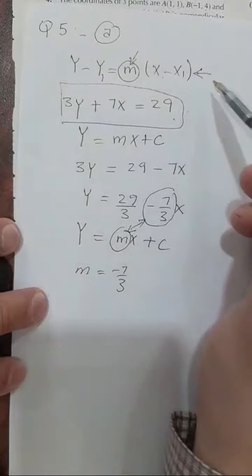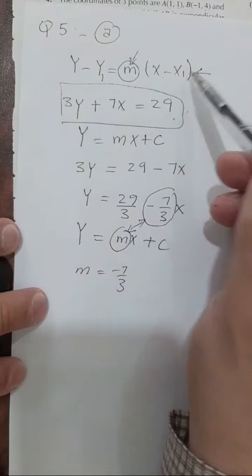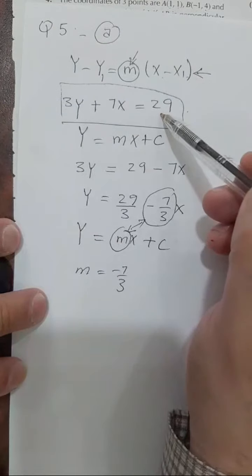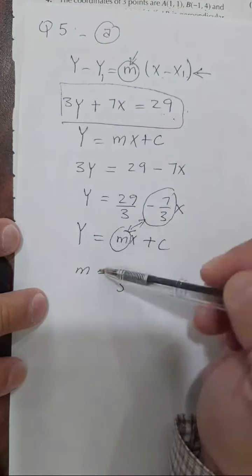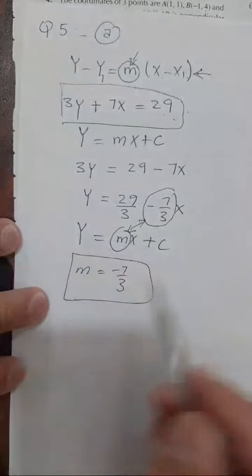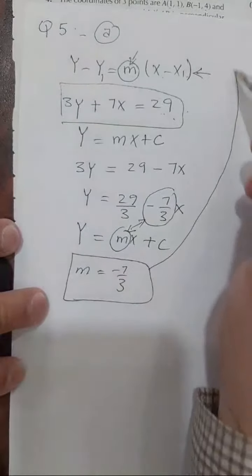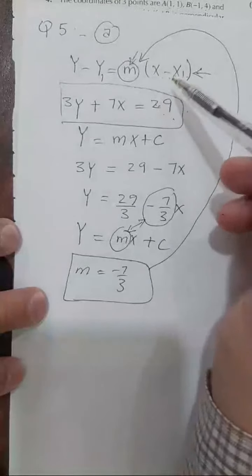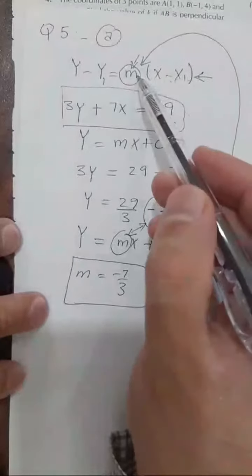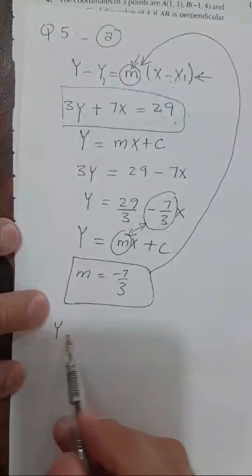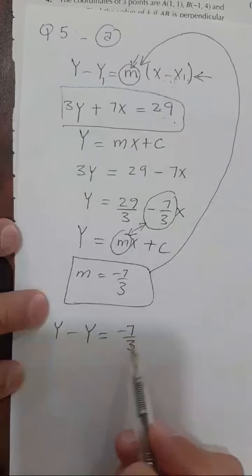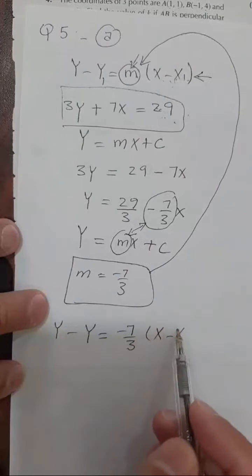Keep in mind that this required line is parallel to this line, so the slope of this line is this, and because the two lines are parallel, we can use this slope over here. So putting the value of slope over here, y minus y1 is equal to, in place of m, use minus 7 over 3 into (x minus x1).